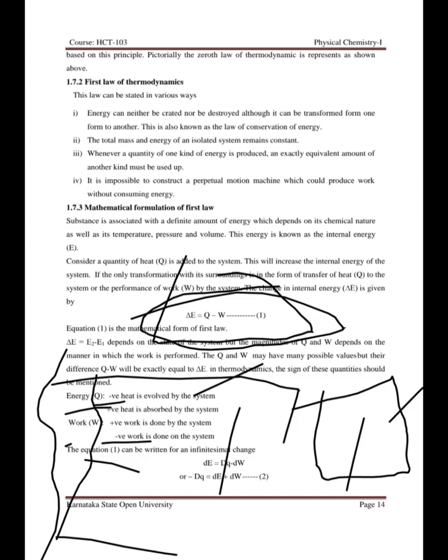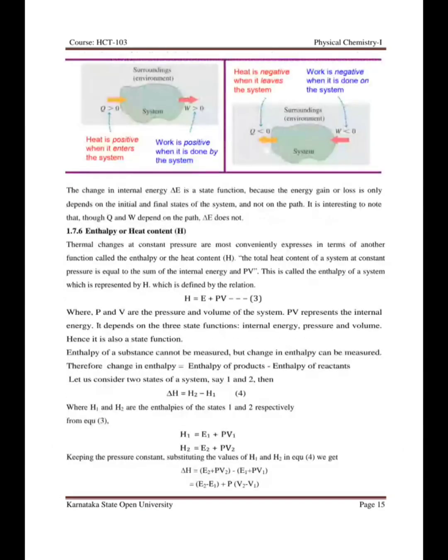Q is the quantity of heat. With respect to the system, Q greater than 0 means the heat of the system is positive.